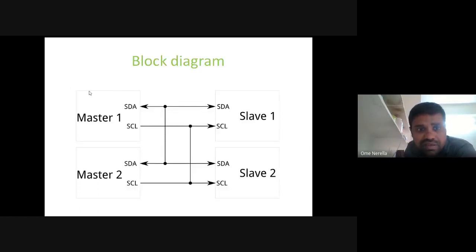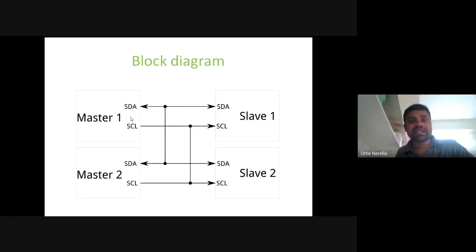Suppose we have the same lines, the serial data line and the serial clock line. Suppose we consider two masters and two slaves. If a device supports the I2C protocol, the device itself has pins for the serial data line and the serial clock line. In our Arduino case, two pins are responsible for the serial data line and the serial clock line.